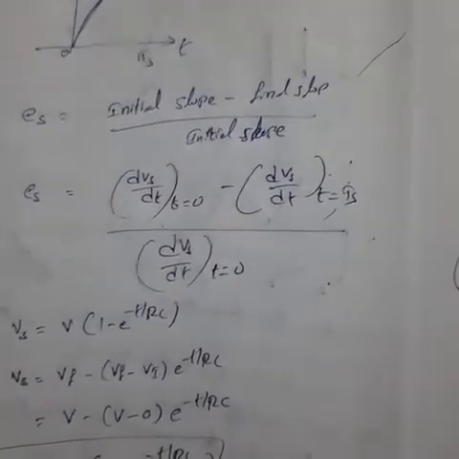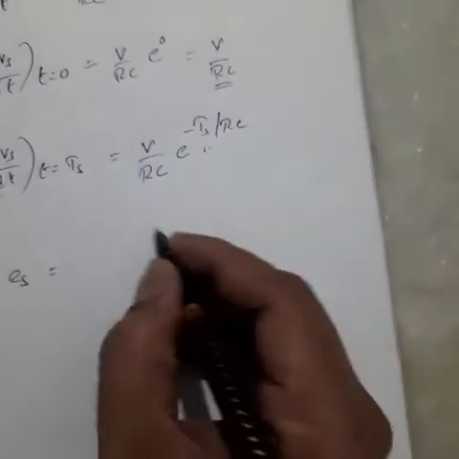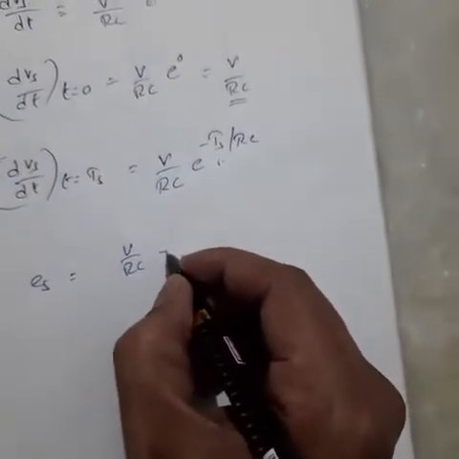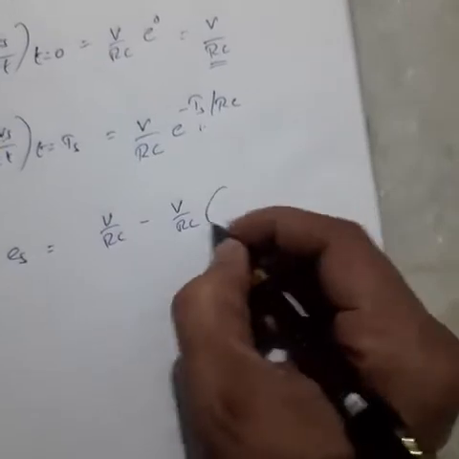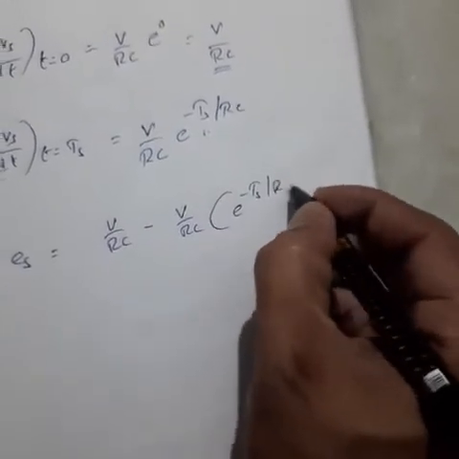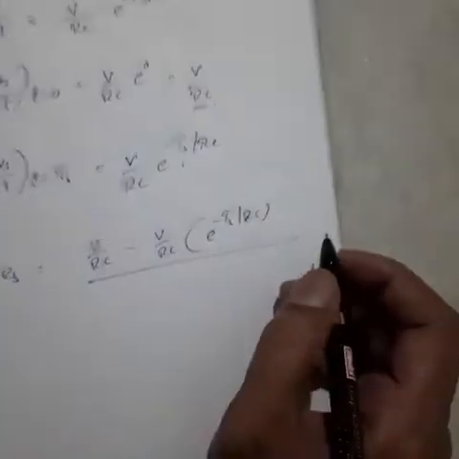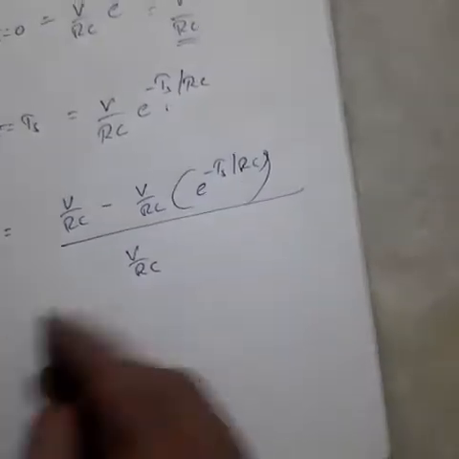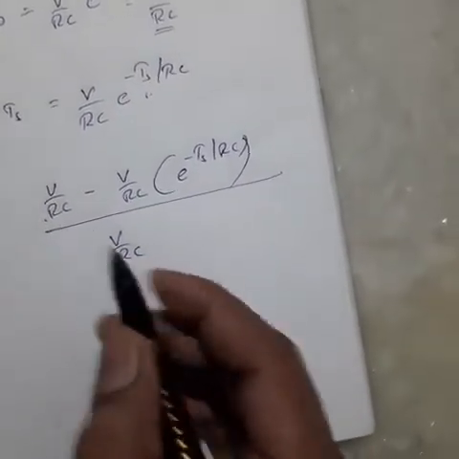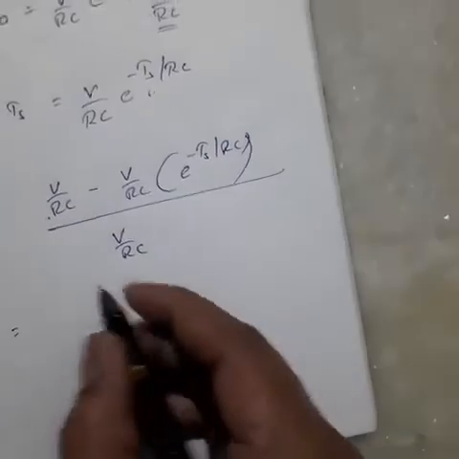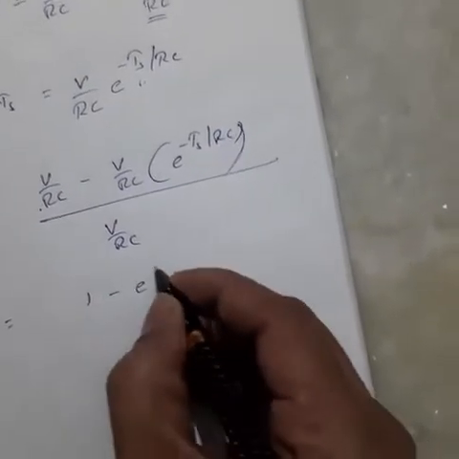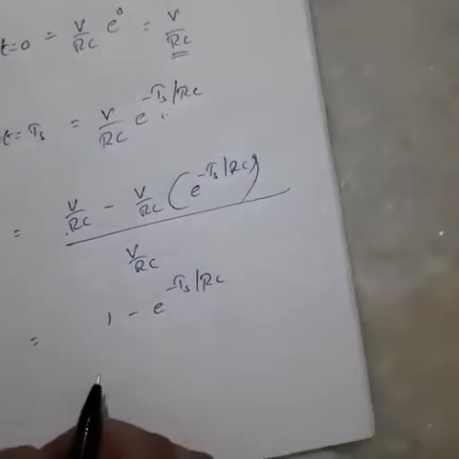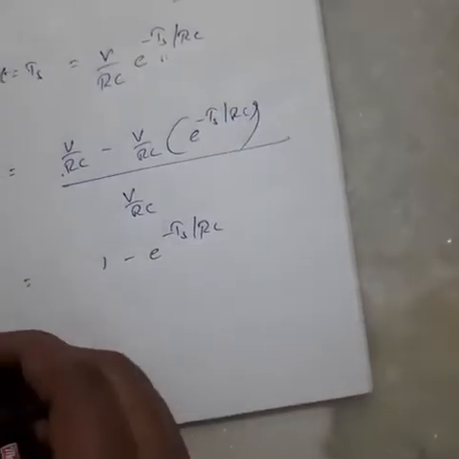Then Es equals initial slope V by RC minus final slope V by RC into e power minus ts by RC, divided by the initial slope V by RC. V by RC is common, so it will be cancelled, and finally we get e power minus ts by RC.